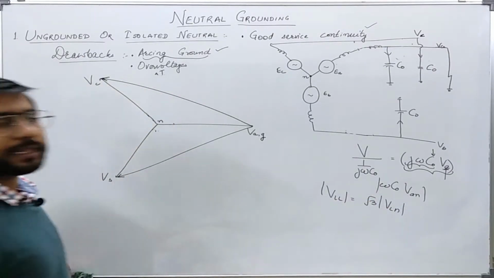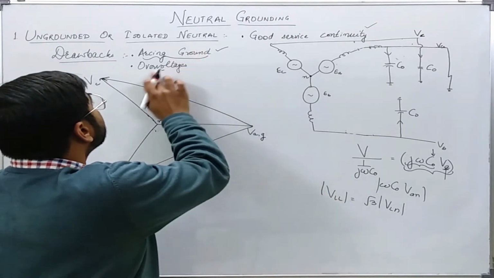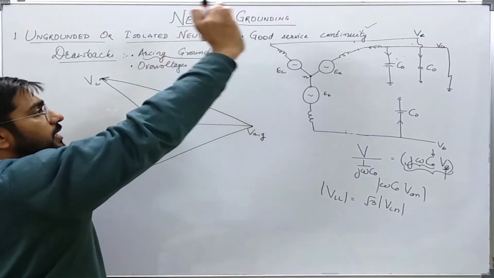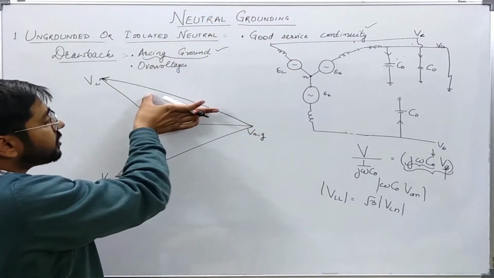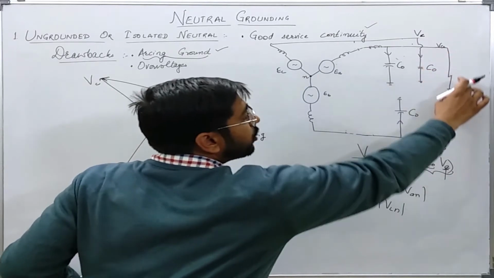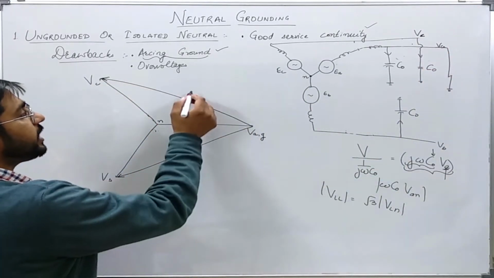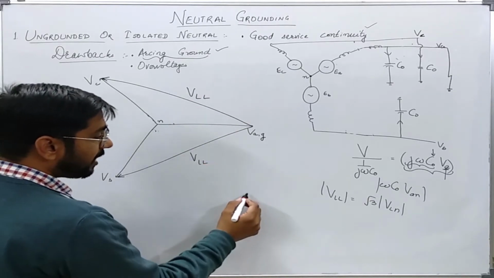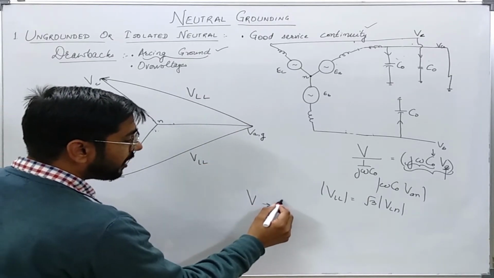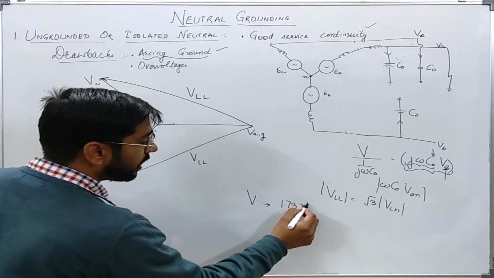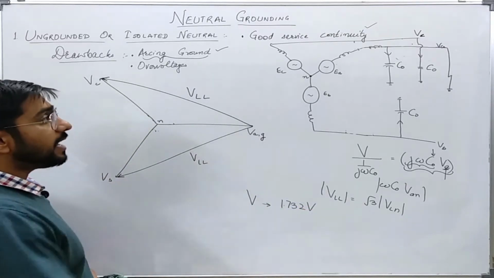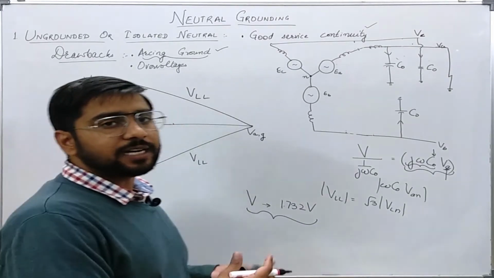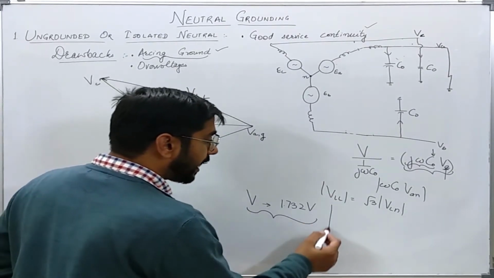So in an ungrounded or isolated neutral system, the voltage of healthy phases during a single line to ground fault will rise to the line to line value. That is, normally if it is V, it will rise to 1.732 times V during this fault, and this is the steady state value during the fault. During transients, this value may be quite high.